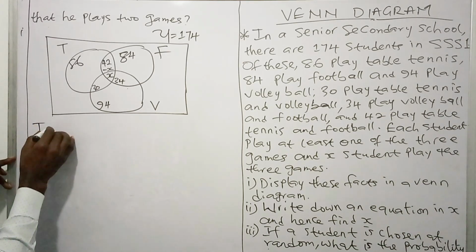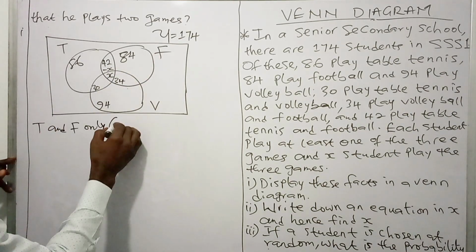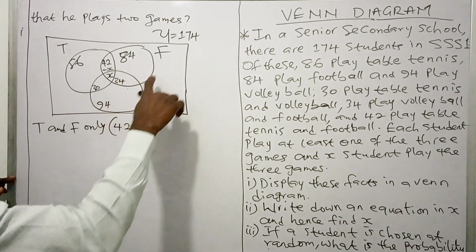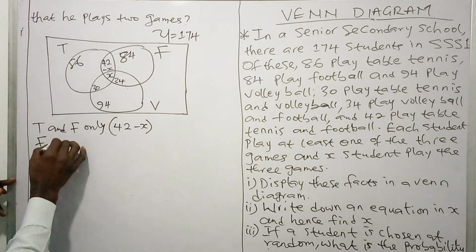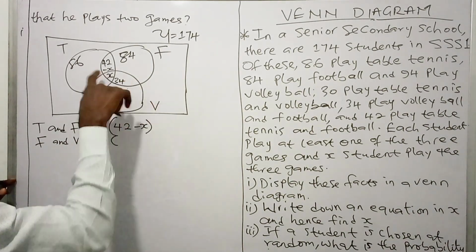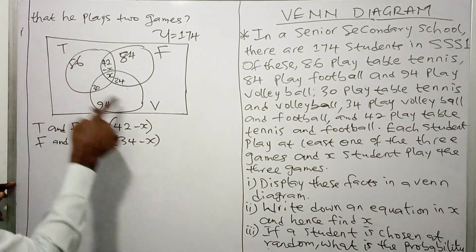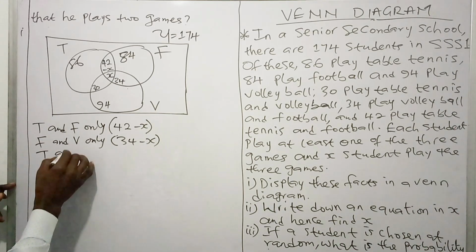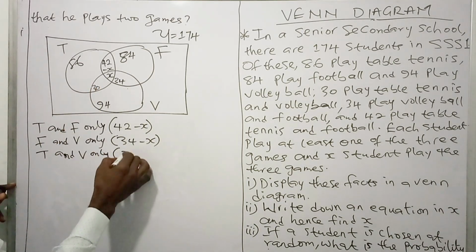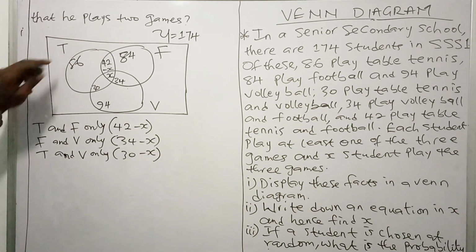Table tennis and football only will be 42 minus X. Then, for football and volleyball only, it will be 34 minus X. Likewise, for table tennis and volleyball, it's going to be 30 minus X.